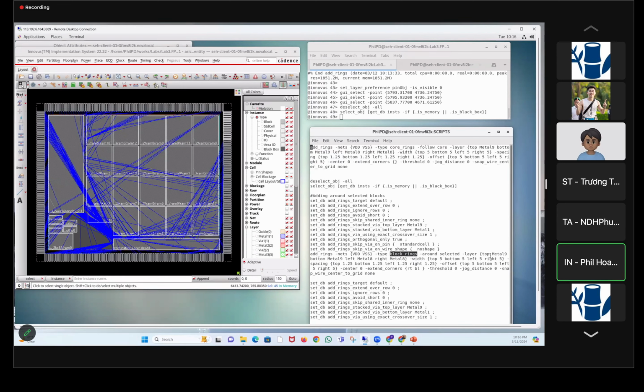And then you say top metal 9, left, right, metal 8, similarly to the core. And for the width, you can do one for all, or you can be specific for top, bottom, left, right, and offset, with different controls. So this one you're just gonna build the block rings.